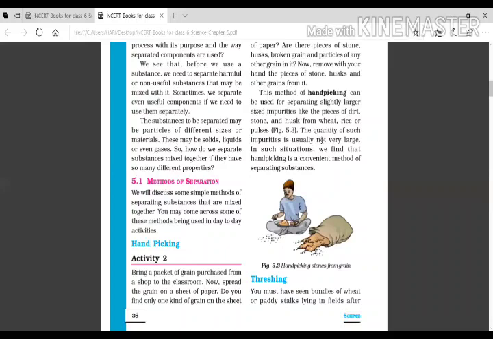They should not be very large. That means solid waste things from the mixture which are slightly larger in size and less in quantity can be separated by picking them up with our hand. This is called the hand picking method. So this method is used to separate the solid waste from the useful things.